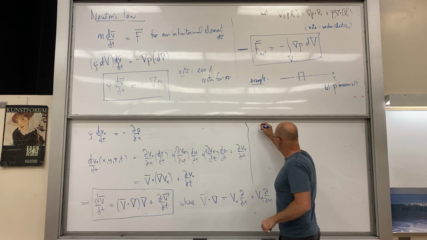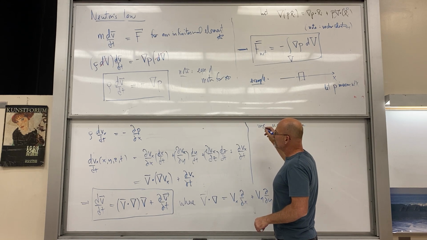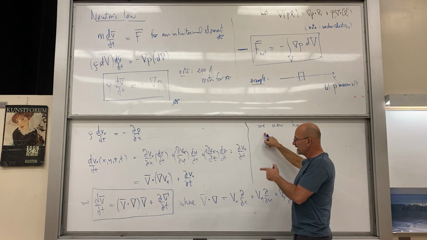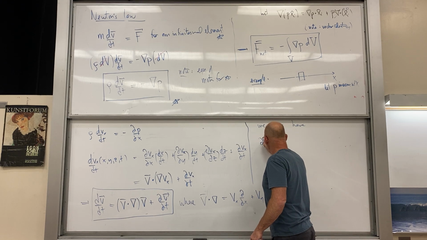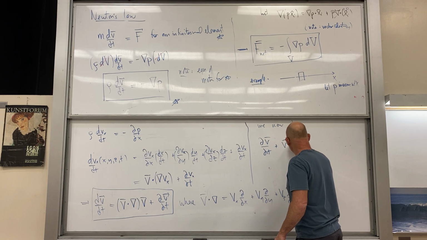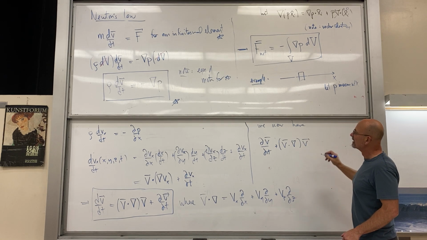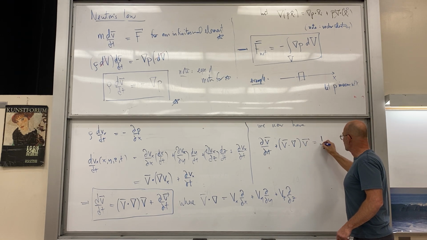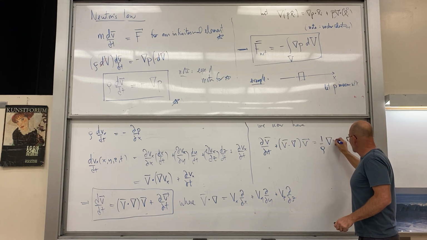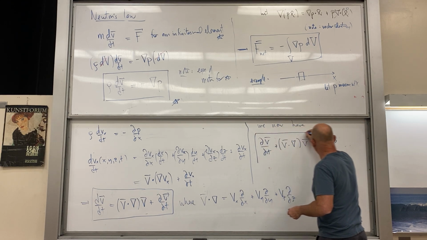So we now have dv/dt plus v dot grad v equals 1 over rho, so I brought the rho over, minus 1 over rho gradient p. Okay, fantastic.